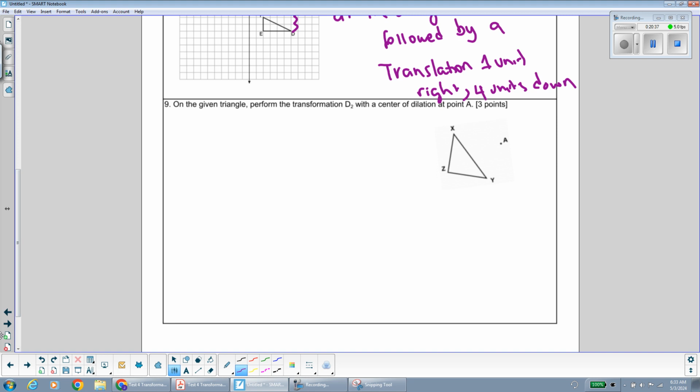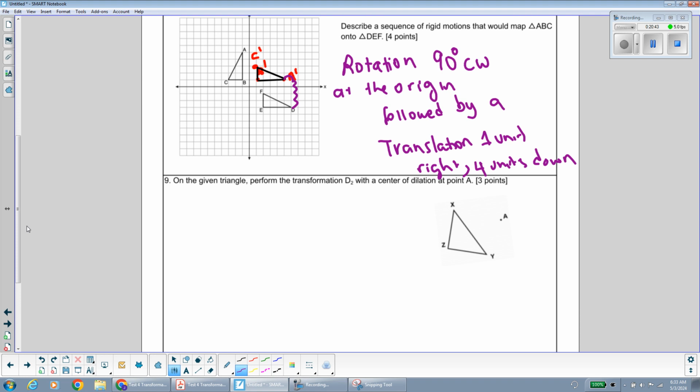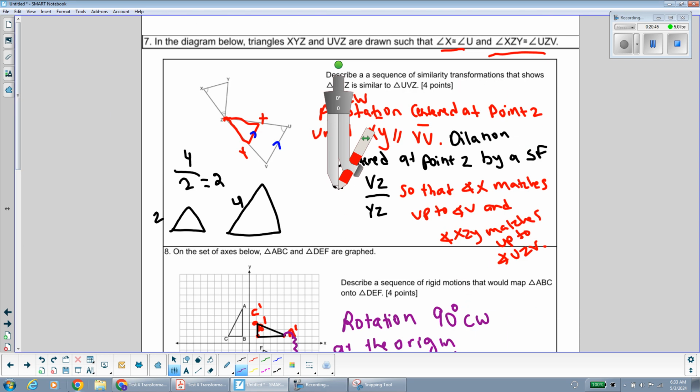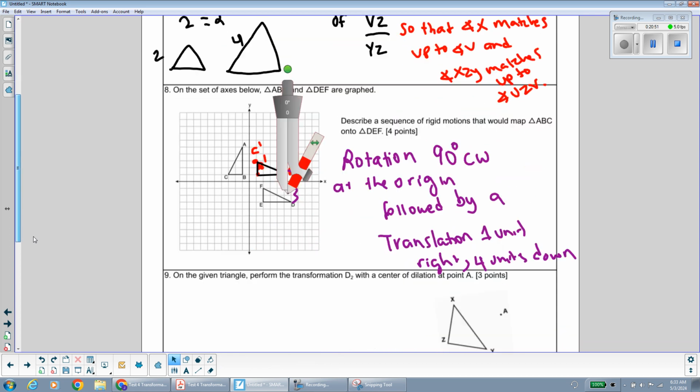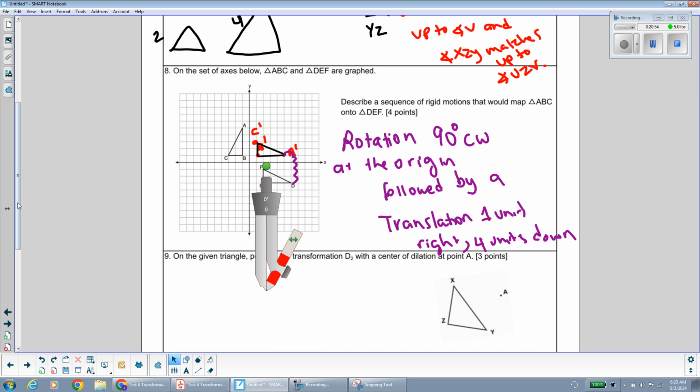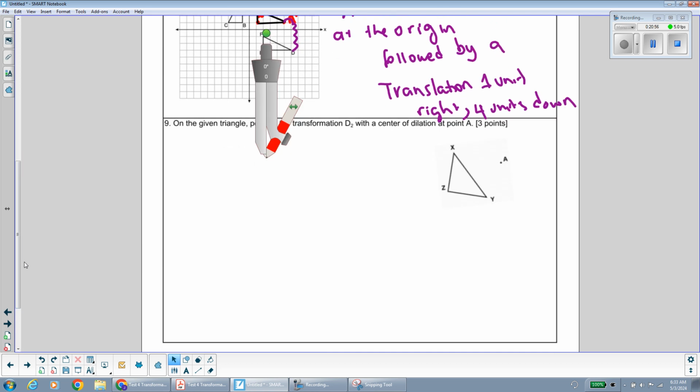Over here, we are dilating, and you do need to do this with a compass. And our scale factor is a scale factor of 2. Let me just move the compass down. Okay.